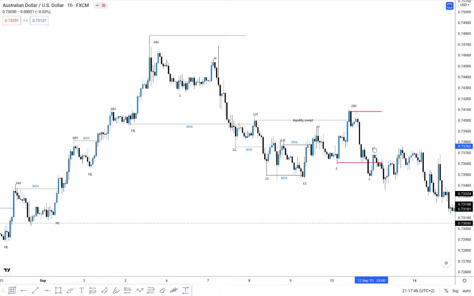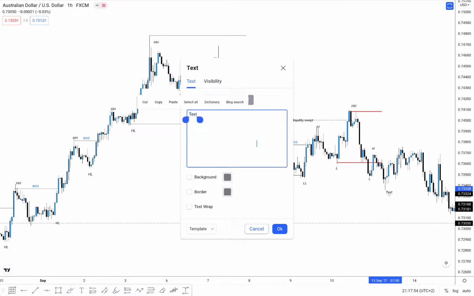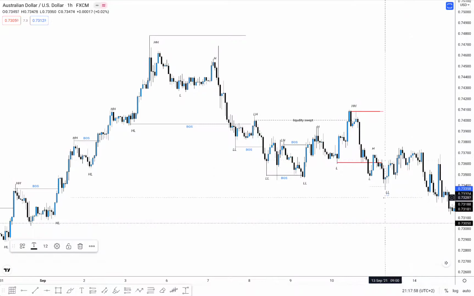From this high forming, we break structure again. So this is now a lower low. And at this point, we just enter consolidation. But guys, as you can see, we're stuck in a trading range between this point. Once we get that break of structure, we then repeat the same pattern.